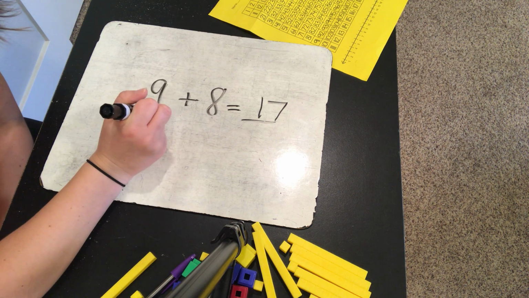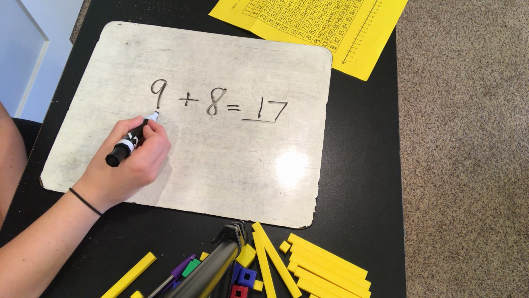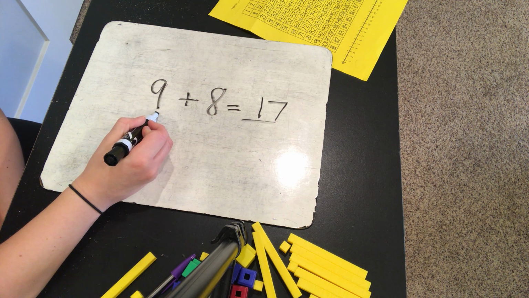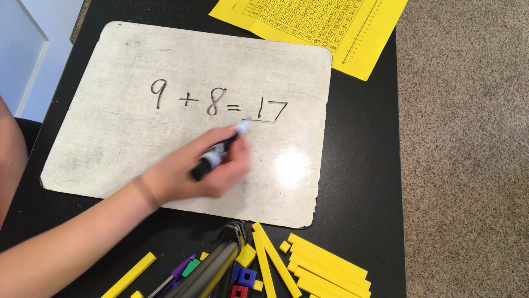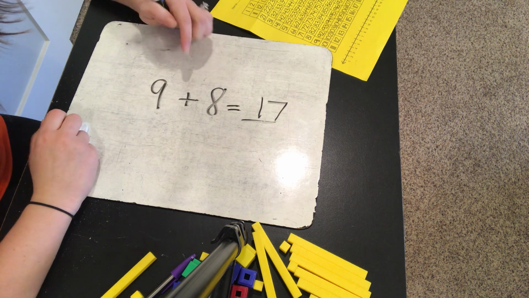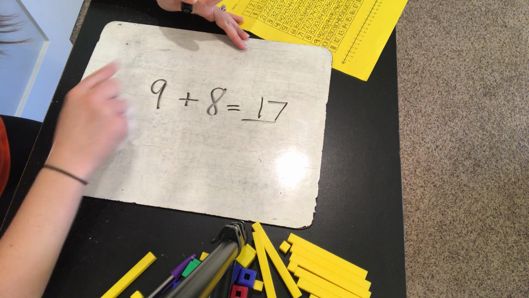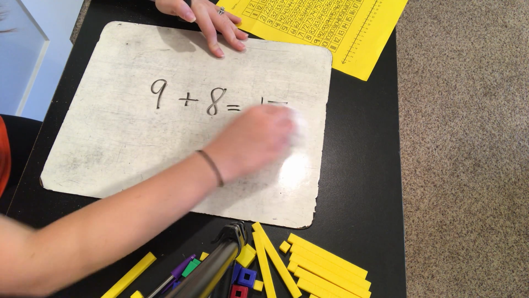Or if you do double -1, you can add the larger number first and double it. 9 plus 9 is 18. Take 1 away and that's 17. So there's several different strategies that you can use when solving this problem. But we're focused on the +9 strategy of making the 9 into a 10 and adding to it.